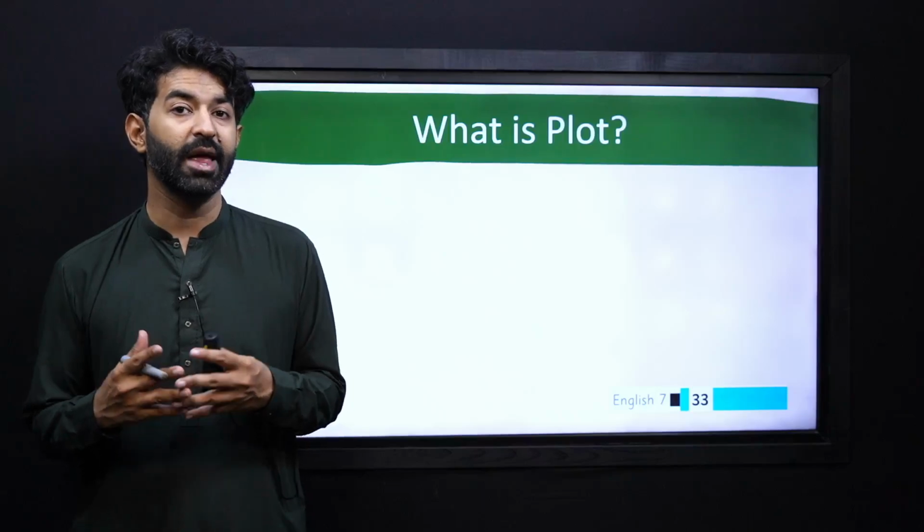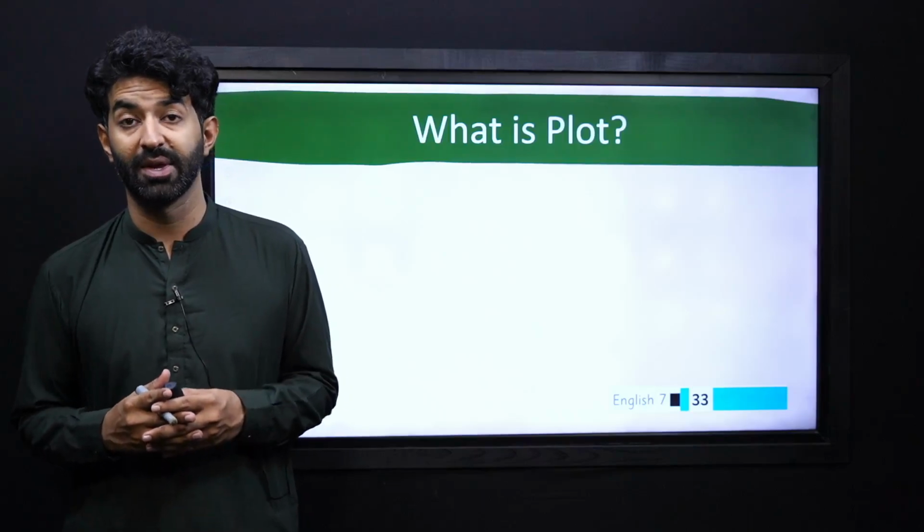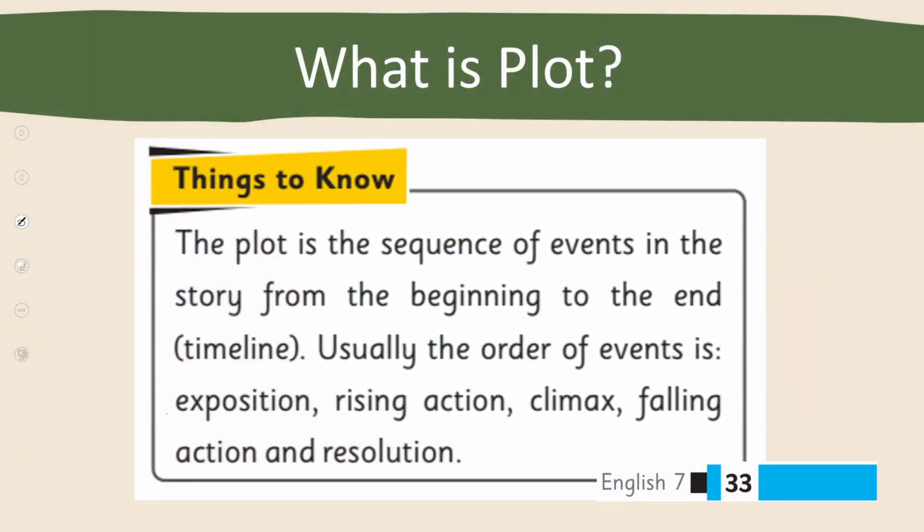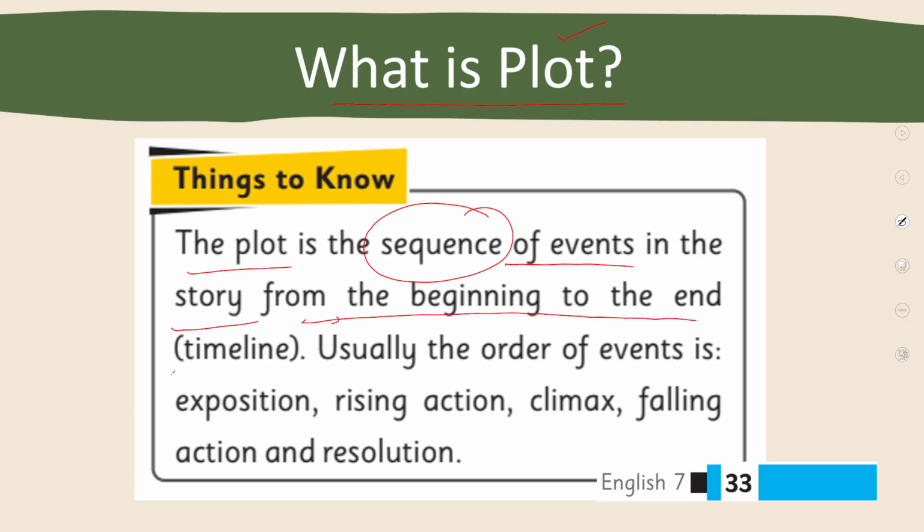Now let's see what these stages are and let's explain them one by one along with some examples. But first let's talk about what is plot. So in fiction there is a thing called plot, and the plot is the sequence of events in the story from the beginning to the end, and it has a timeline.